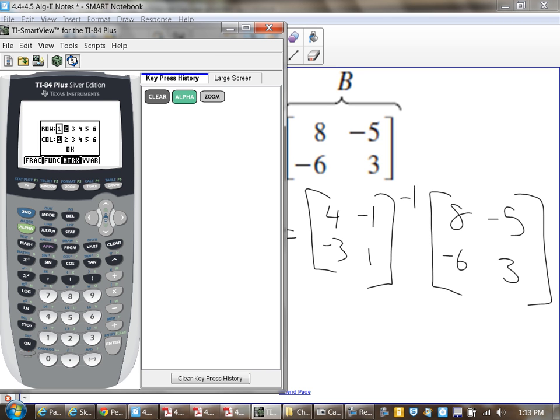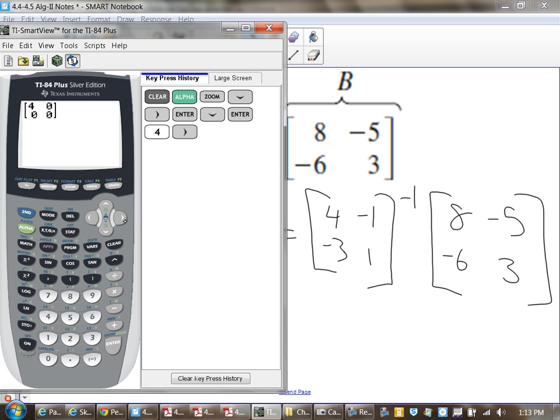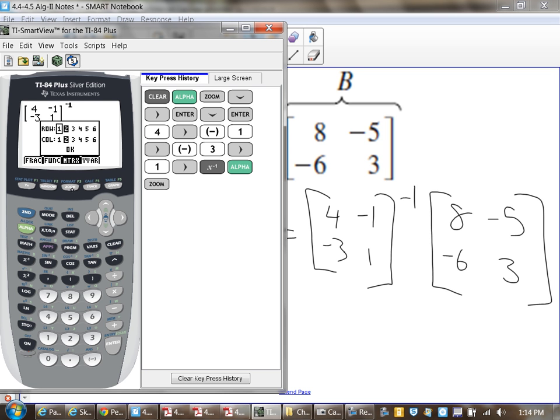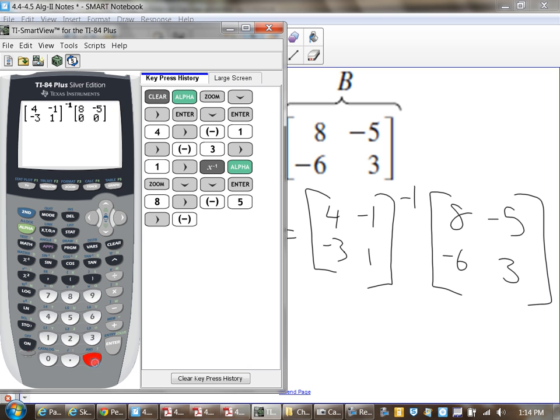I need to create a 2 by 2. I fill in the blanks: 4, negative 1, negative 3, and 1. Then I have to hit the inverse button, which is x to the negative 1. I create a secondary matrix, alpha zoom, 2 by 2: 8, negative 5, negative 6, and 3. And with any luck, you should get that for an answer.